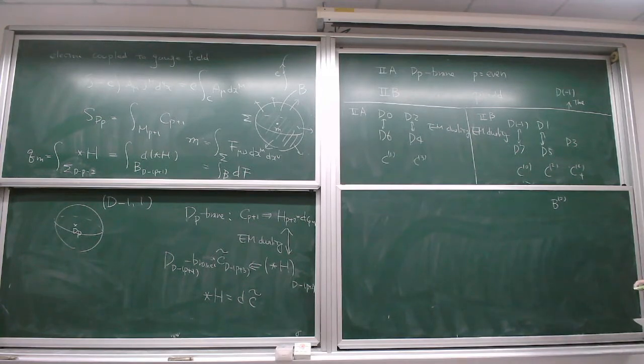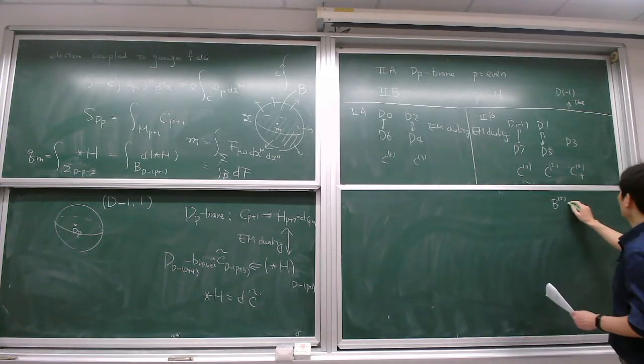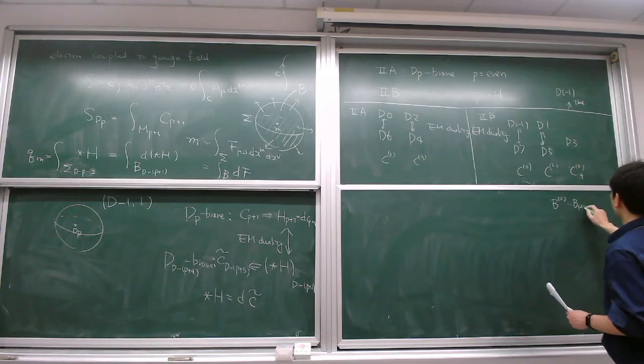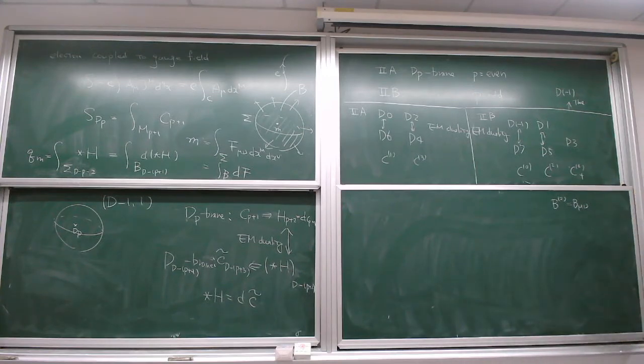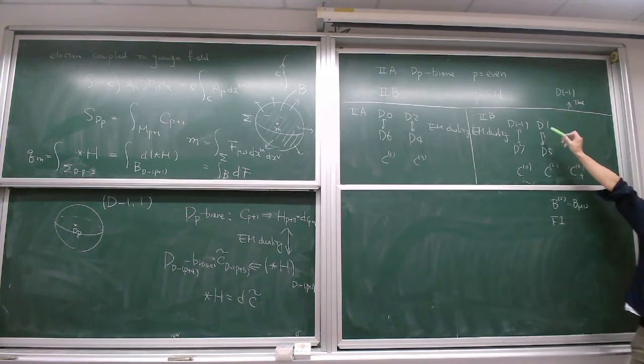So this one is indeed coupled to some object. This B field, B mu nu, is coupled to F1, the fundamental string. As I mentioned, these two form the Ramond 2-form coupled to the D1 brane.